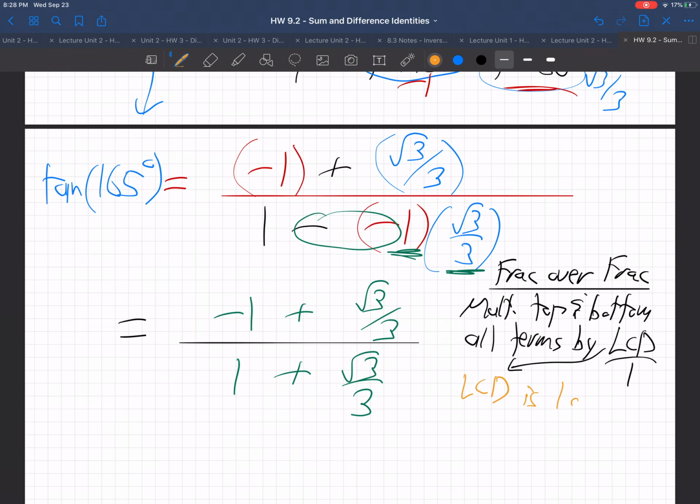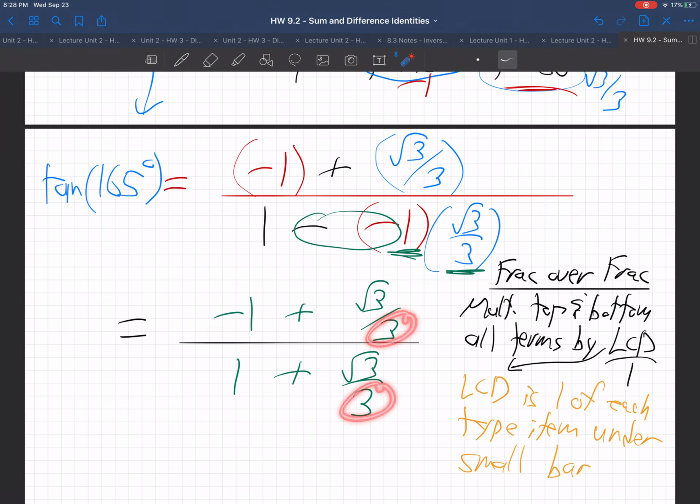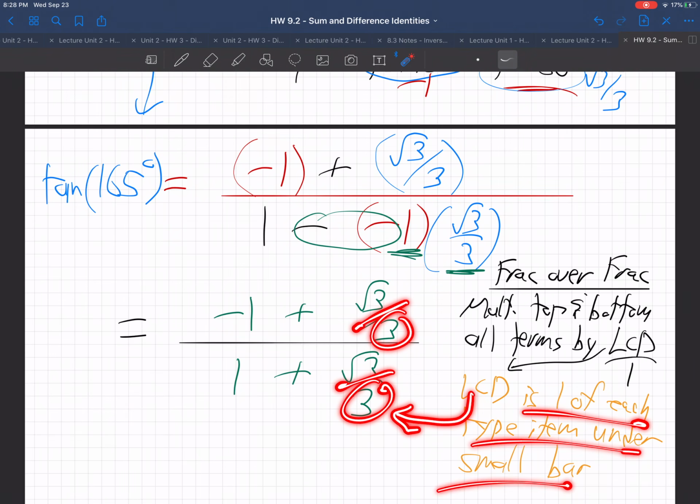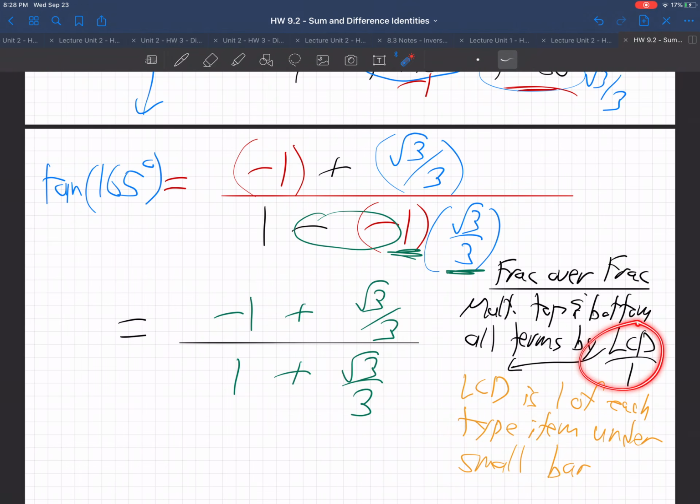LCD is one of each type of item under the small bars. So you got to look at the things. So here's an item and here's an item under small bars. We're not talking about the major bar. We're talking about the small bar and the items under the small bars. So the LCD is just one of those, not both those threes, but just one of those, right? One of each type that's under the small bar. So just 3, and we multiply by LCD over 1.